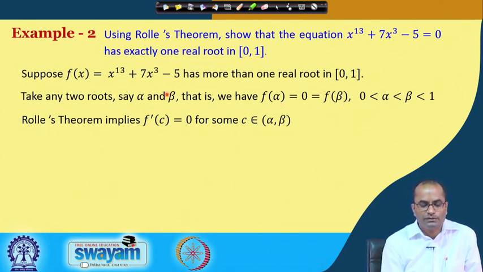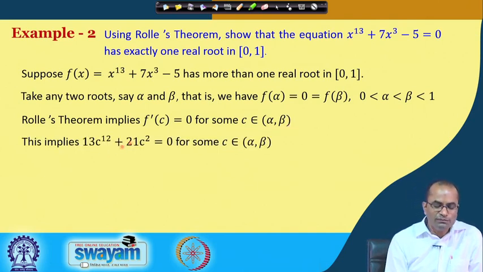The function is differentiable, it is a polynomial, so there is no problem, it is naturally continuous, and it takes the same value at alpha and beta. So, applying Rolle's theorem in this interval gives us f'(c) = 0 for some c in the interval alpha, beta.